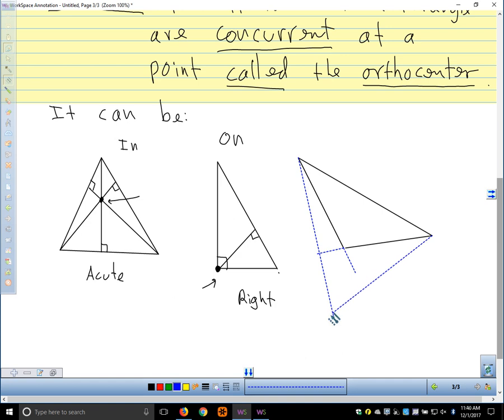And I need to extend that one a little more. So this one would need to come out here. So there would be my orthocenter. There's my perpendicular segment to the extension. So the orthocenter would be here. And if I drew the perpendicular segment from this side, it would go like so.